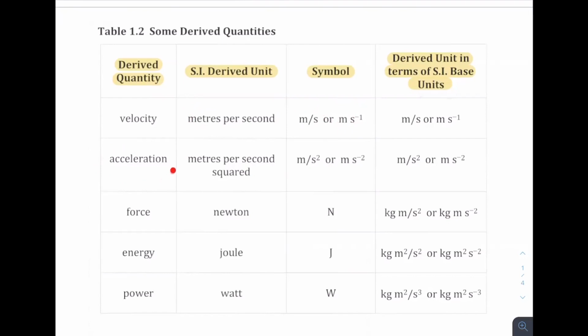Acceleration is also a derived quantity, and by its definition, it is the rate of change of velocity. So we get meter per second, so meter per second squared, or m s to the power of -2. Okay, so as we said, we are going to stick to this way of writing units rather than with the over sign.